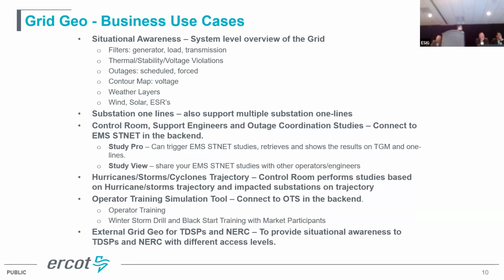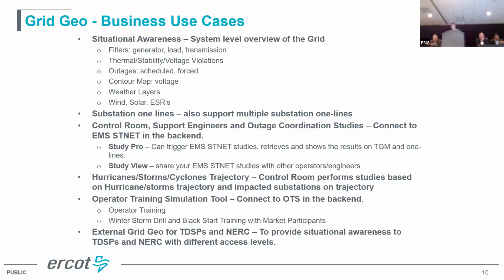Outage schedule coordinators can use the tool to look at the future models, apply outages, and see if they're causing any violations. Because of the capability of Gridgeo, they can easily see from a system view all the lines and all the violations. We also recently added two-way communication.